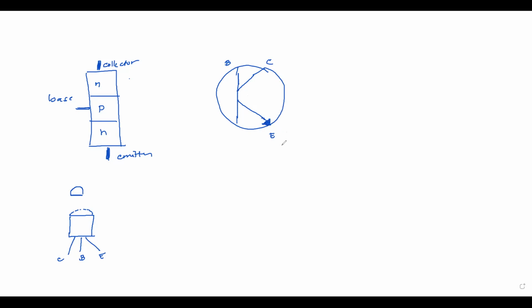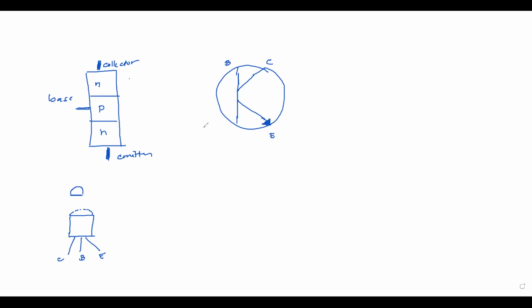In the PNP transistor, the arrow is going up. It means that the current is going in. Like I said, we're just going to content ourselves with the NPN, so as not to confuse everybody. The arrow in the NPN transistor is usually going down, which means that your current is going down.